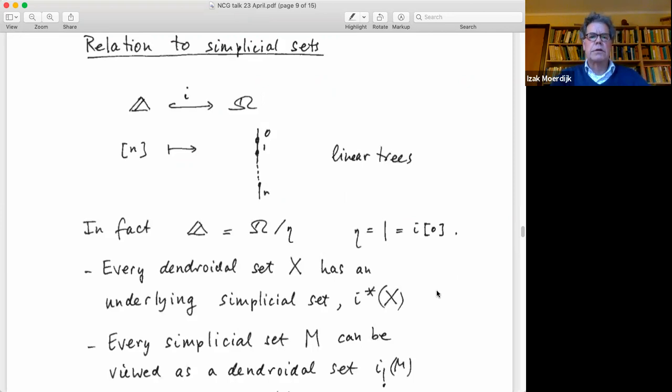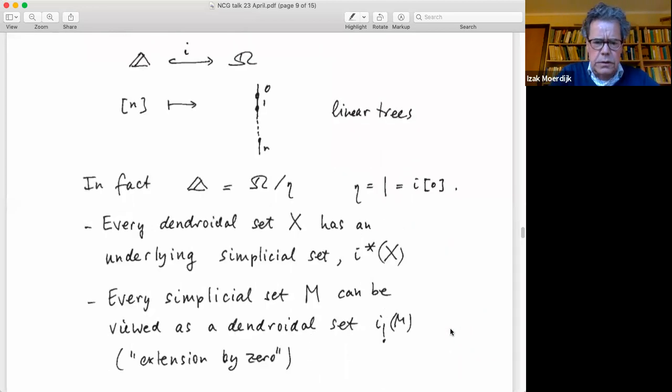As a consequence, every dendroidal set has an underlying simplicial set, because if you have a contravariant functor here, you can just restrict it to delta. And every simplicial set can be viewed as a dendroidal set by the left adjoint of this restriction, i shriek of M. And i shriek of M, you should just think of as extension by 0.